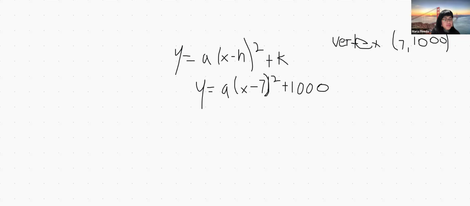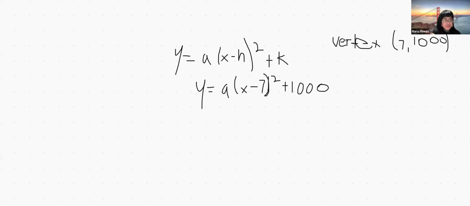So for this problem, we are gonna go ahead and solve the third segment, and the vertex for this one is (7, 1,000). For this equation, you would be using y equals a times (x minus h) to the second power plus k. You will substitute h and k for 7 and 1,000.